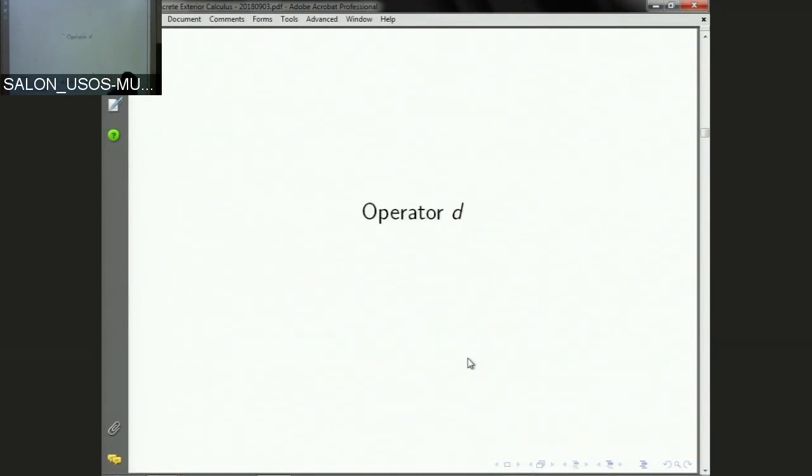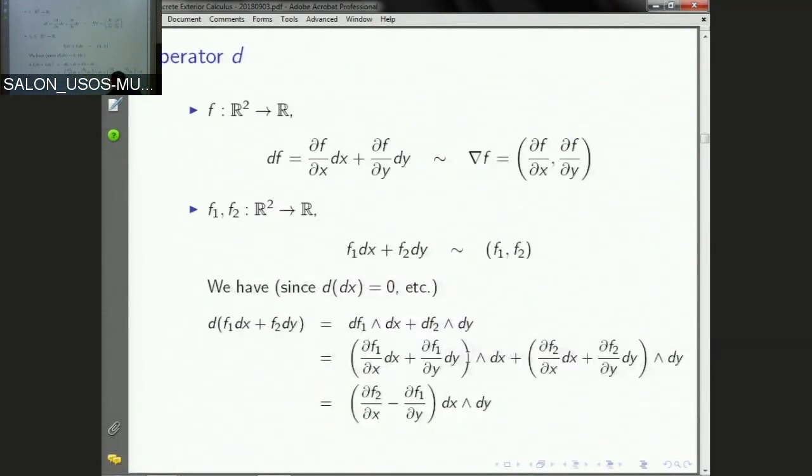Okay, so now the operator d. I already showed you how to take the exterior derivative of a function. It was nothing more than taking the differential, taking partial derivatives, really.